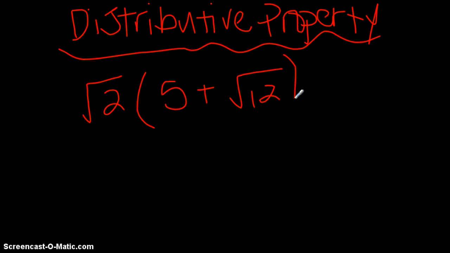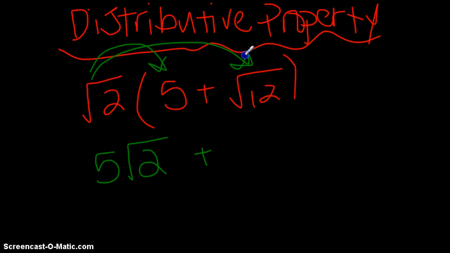So you're going to take that root and basically, just like you would if it was a constant out in front, you would multiply it by each piece. So what's root 2 times 5? Good, 5 root 2. And then plus, what's root 2 times 12? Good, root 24. And now let's simplify them. So what's the perfect square that goes in the root 24?